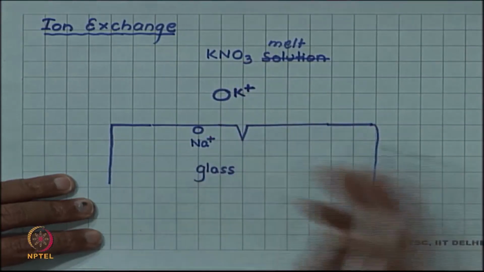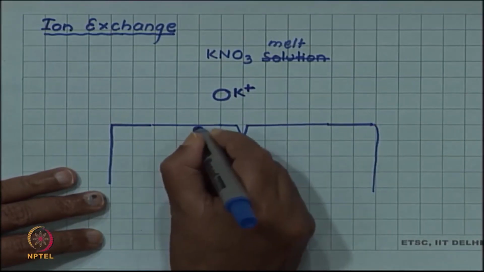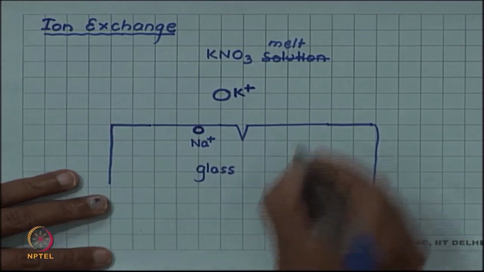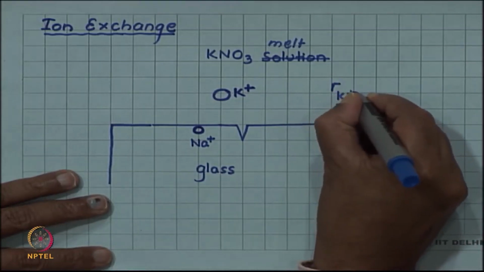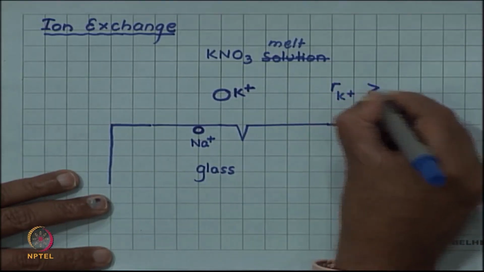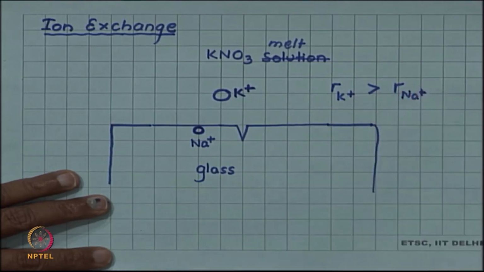The glass is a soda lime glass and has sodium ions in the glass surface, and the radius of potassium ion is larger than the radius of sodium ions.